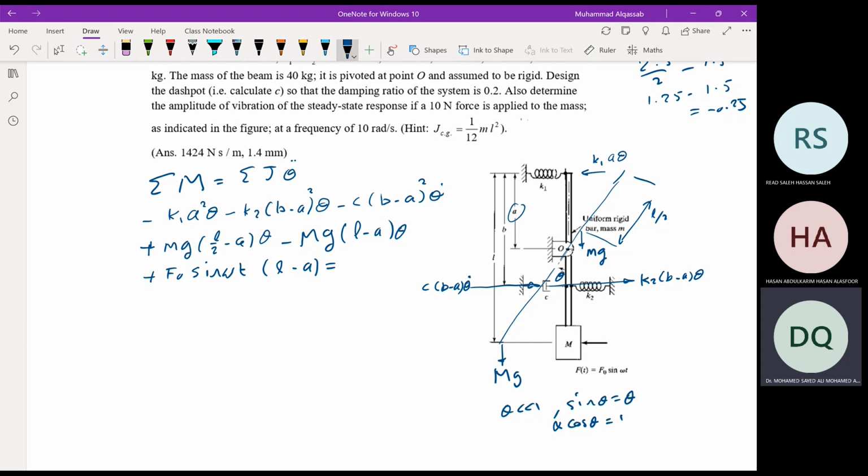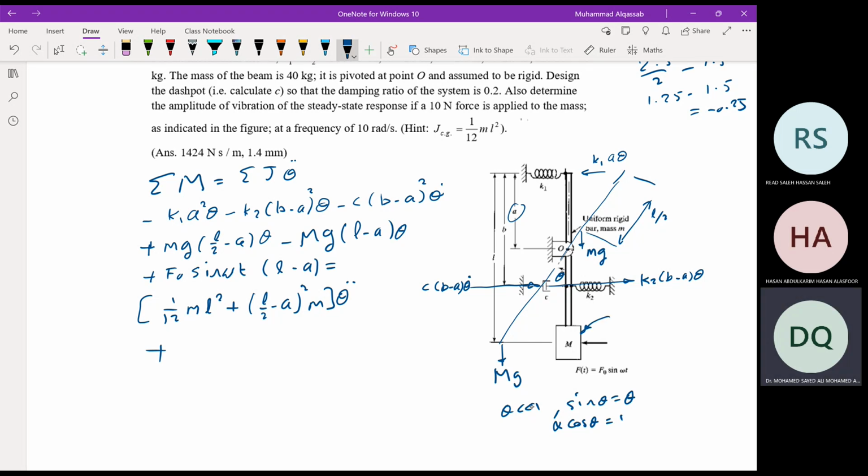The moment of inertia for the bar about CG is given, which is 1 over 12 m L squared. So it is 1 over 12 m L squared plus the distance, which is L over 2 minus A, squared, times M, times theta double dot. Plus the J theta double dot of the point mass.